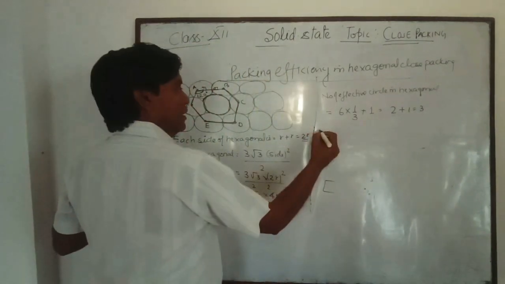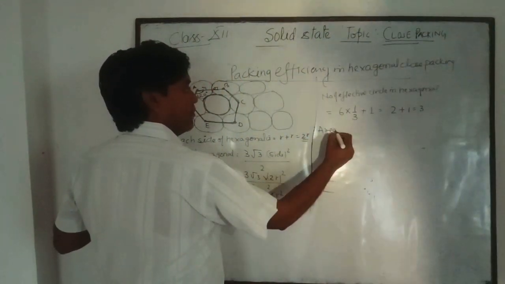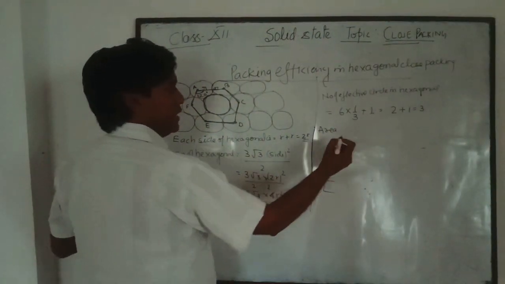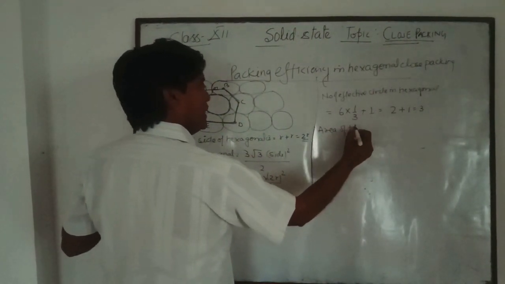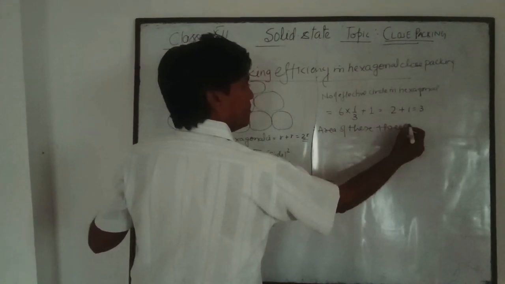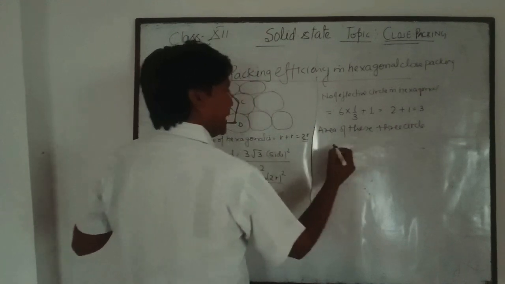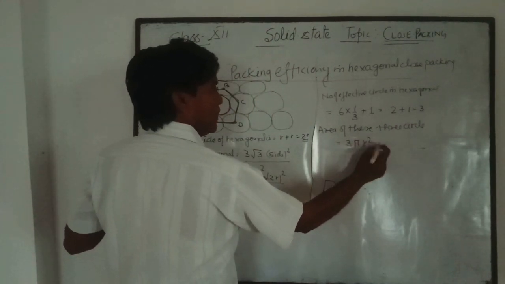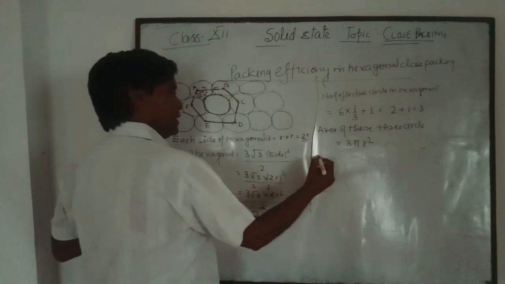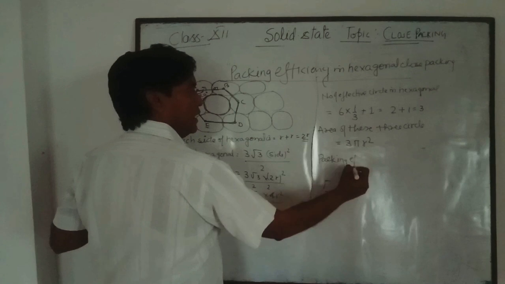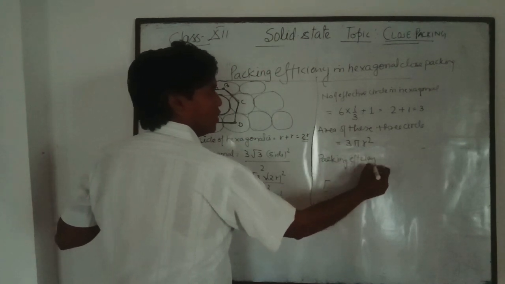So the area of these 3 circles is 3 pi r square. Now packing efficiency is equal to what?